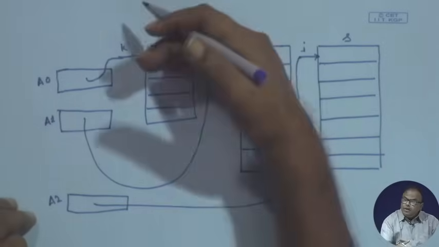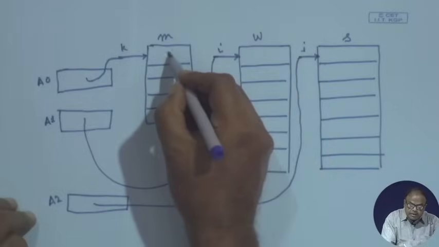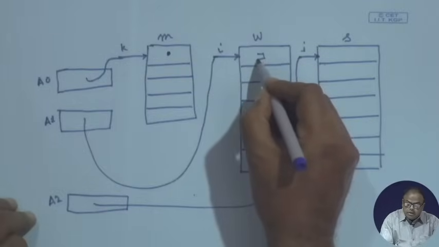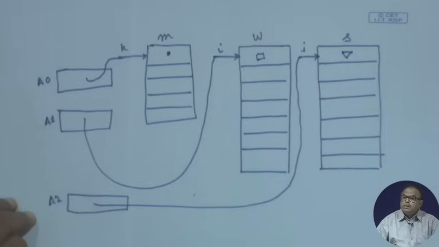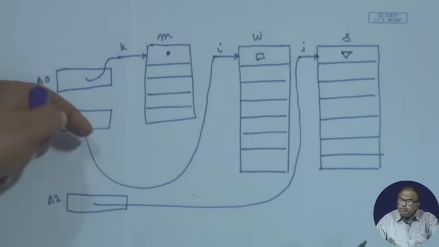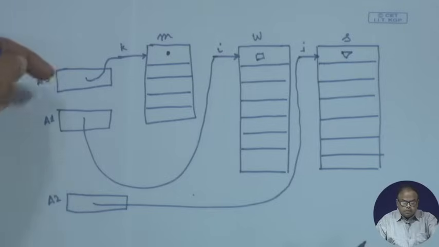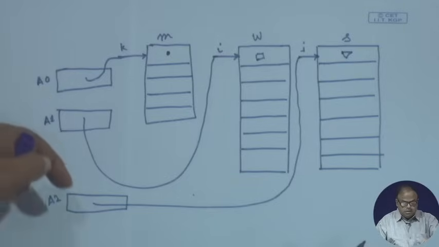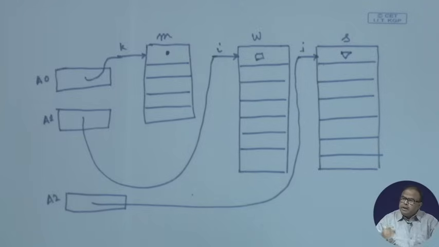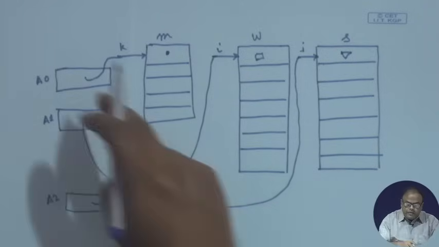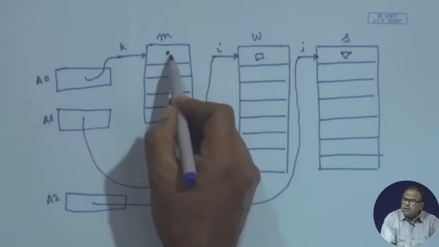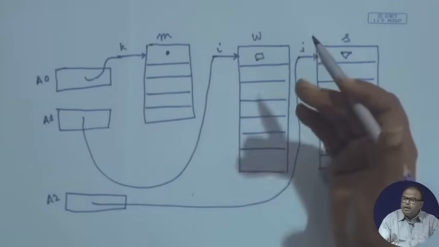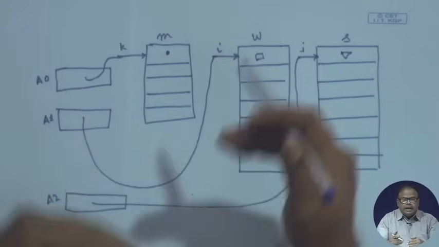When I carry out the operation, suppose I take this element, multiply it with this element, and store the result in this element. After that I have to increment all of them: A0 plus plus, A1 plus plus, A2 plus plus, and that takes time. The address generation unit, along with this operation, will increment or decrement these indices automatically.